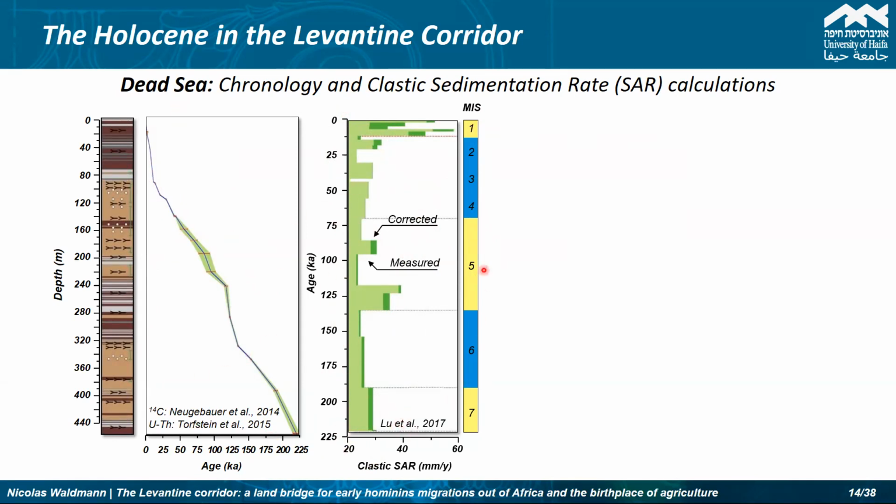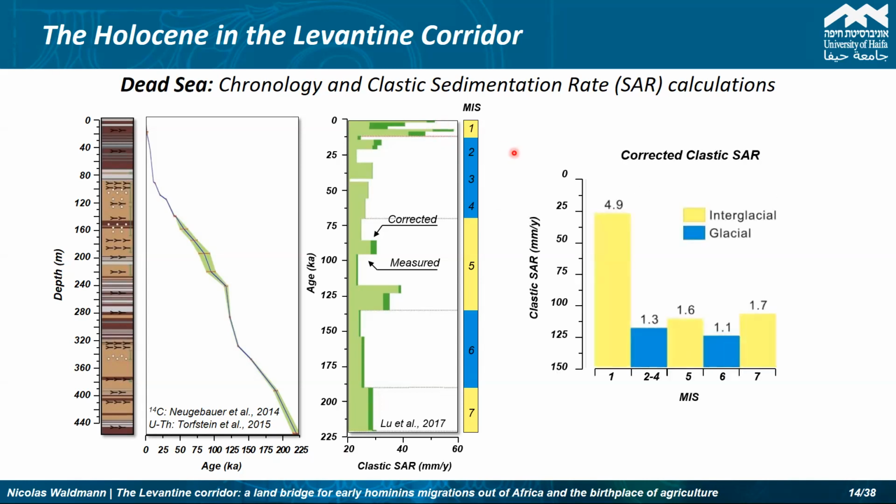And you can see that for the marine isotope stages, you have very different corrected clastic sedimentation rates between the interglacial and glacial periods, okay? Obviously the present interglacial, the Holocene, has three times the sedimentation rate of the previous marine isotope stage 5 or marine isotope stage 7.